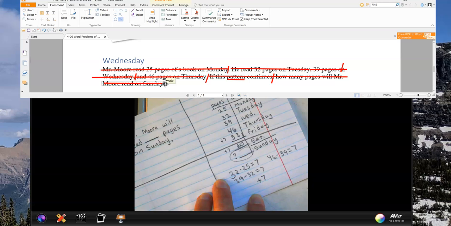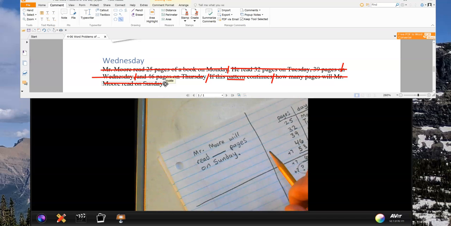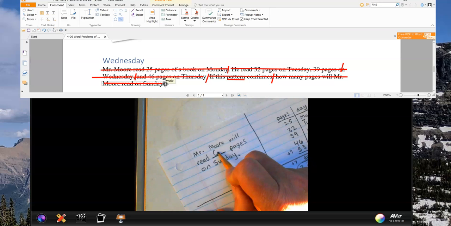And then on Sunday, we just add 7 more. 60 plus 7 is 67 pages. So on Sunday, Mr. Moore reads 67 pages of his book. And now we have our answer for our answer sentence. Mr. Moore will read 67 pages on Sunday.